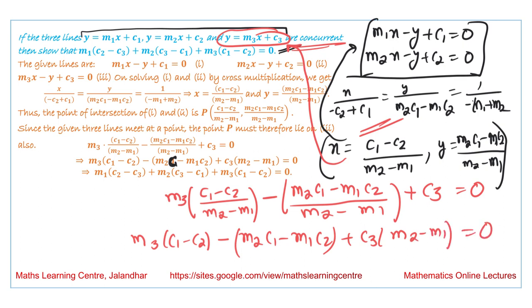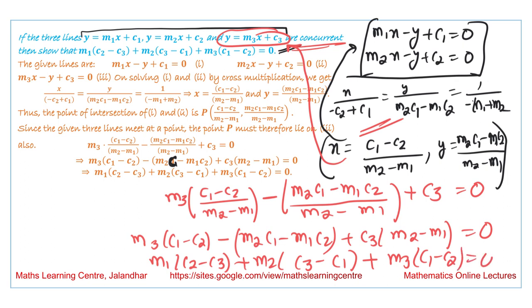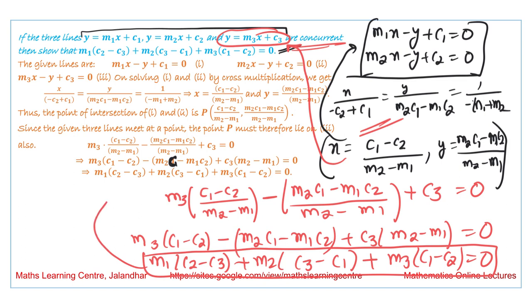And by adjusting these terms, we obtain m1 into c2 minus c3 plus m2 into c3 minus c1 plus m3 into c1 minus c2, that is equal to 0. And this is the result that we have to prove.